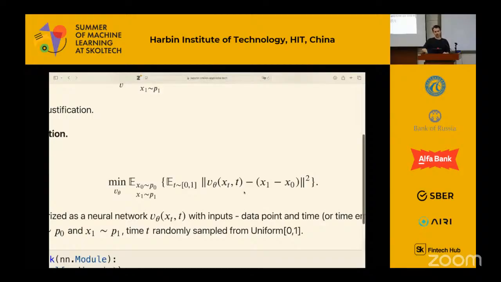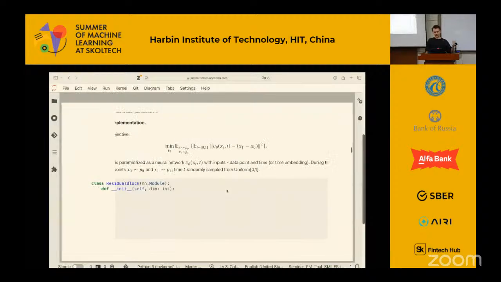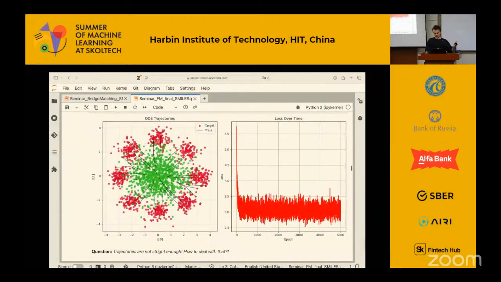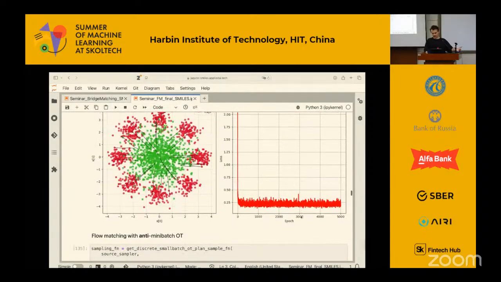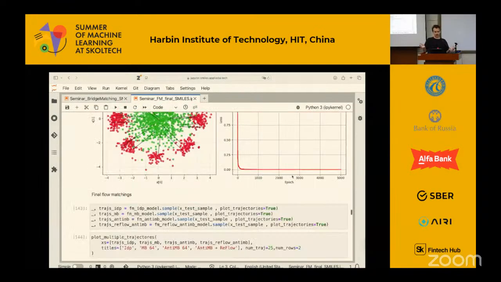While if your trajectories do not intersect and you have one x1 for one xt, then you would have lower variance. Actually, that would be the optimal transport plan, straight trajectories, and your loss would be minimized to 0. But basically this variance here is because you have intersecting trajectories in your data. If you do not have them, you would have something like this or this with very low loss without variance. So basically intersection gives variance. Okay, thank you.